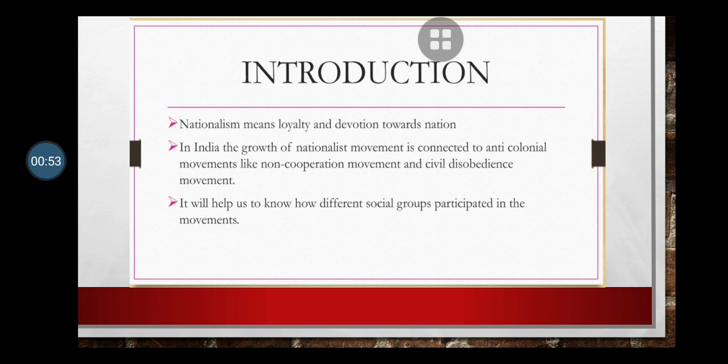Movements like the non-cooperation movement launched by Mahatma Gandhi and the civil disobedience movement led to a building up of a united force against the British. It will also help us to know how different social groups participated in movements.